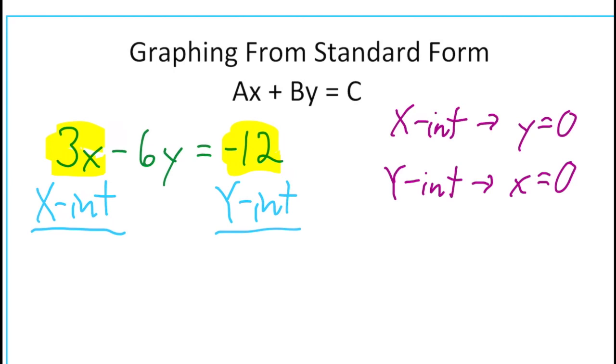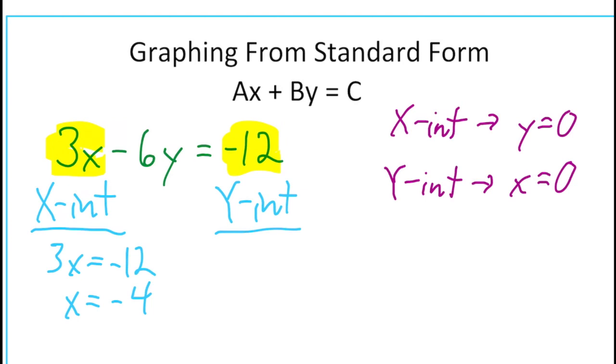It would just equal 0. So I'm just going to write 3x equals negative 12. And there's my one-step equation to solve. Divide both sides by 3, and we get x equals negative 4. So our x-intercept is negative 4.